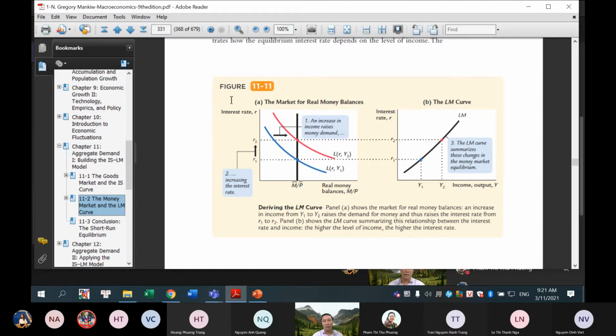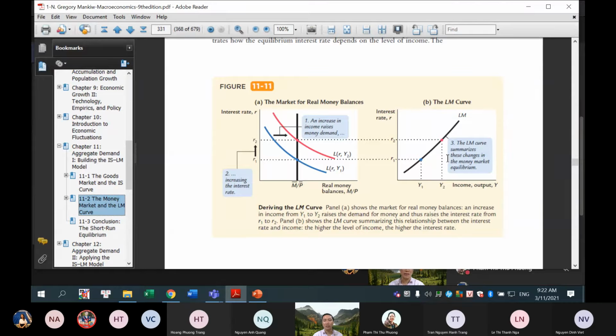The money demand curve will shift downward to the left, and therefore the equilibrium interest rate should be lower. It means that given income Y1, when the price goes down, the interest rate also goes down. So the NM curve should shift downward to the right.